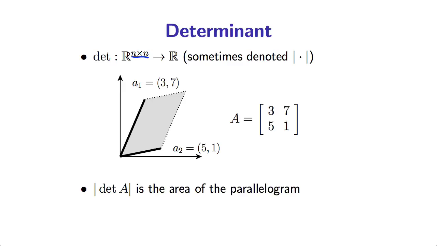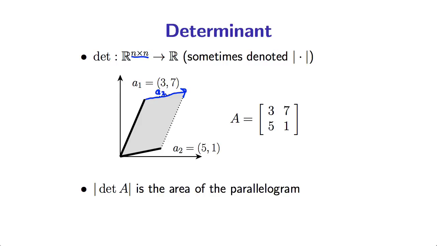If you treat these as vectors and then form the parallelogram, in higher dimensions it has a different name, but in 2 dimensions it's a parallelogram. If you form the parallelogram from these two vectors, so this is A1 here, I'm going to add on to it this term here, which is A2.